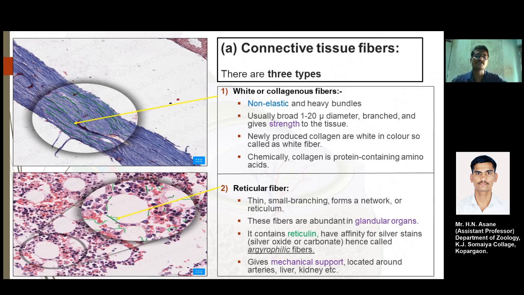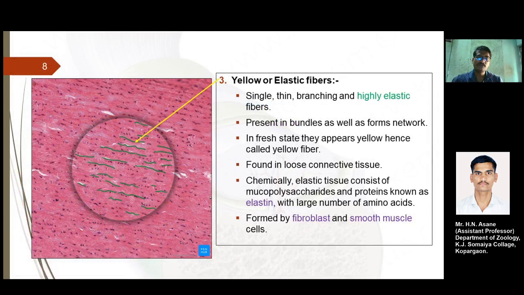of the organs itself. The third one is the elastic fiber. This is a single thin branching fiber and highly elastic in nature. Elasticity is the property of these fibers to expand in length.